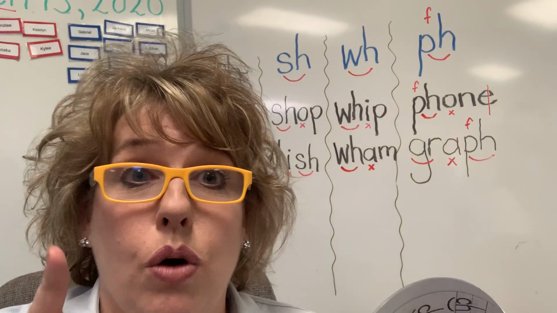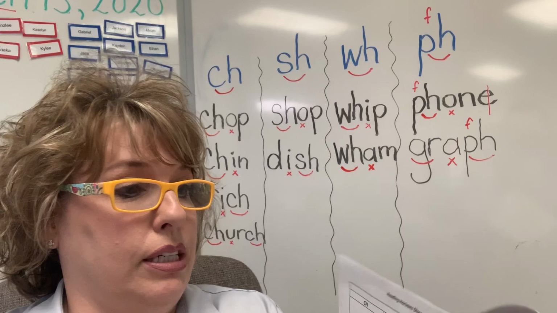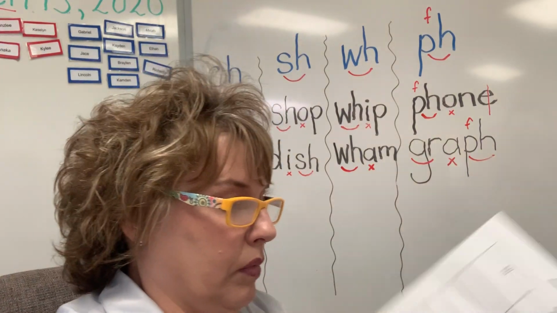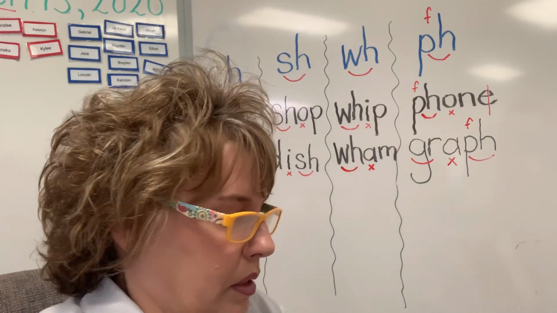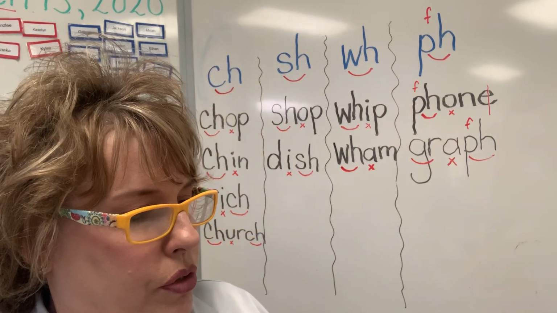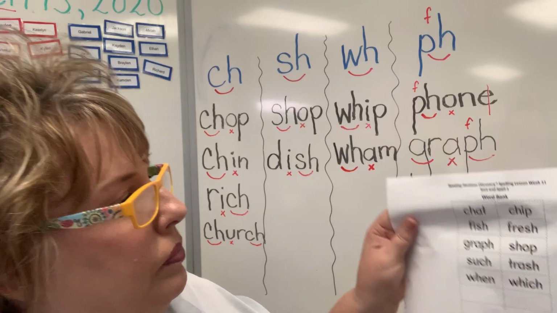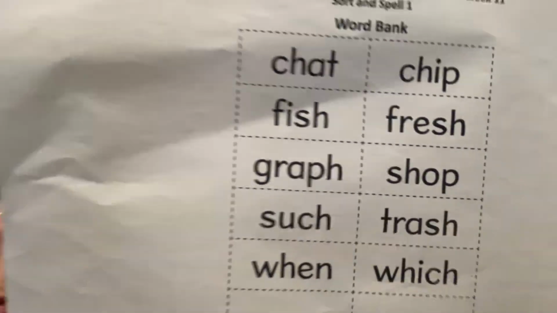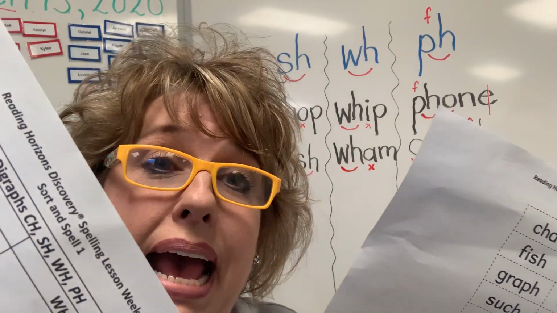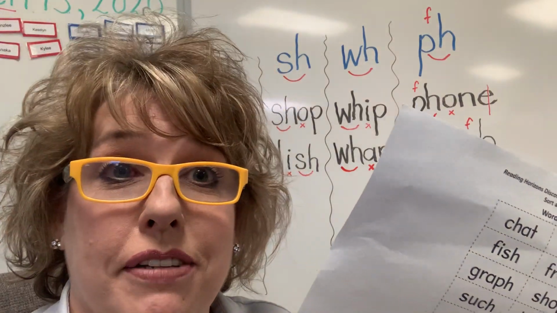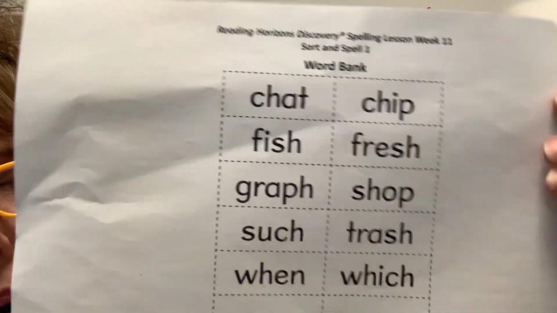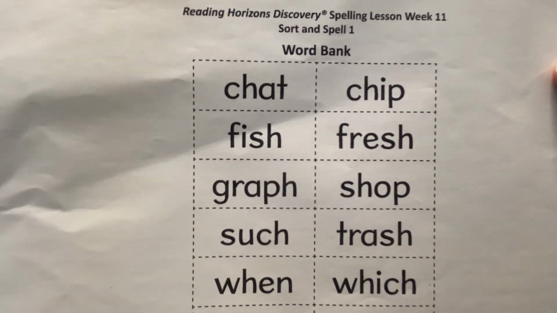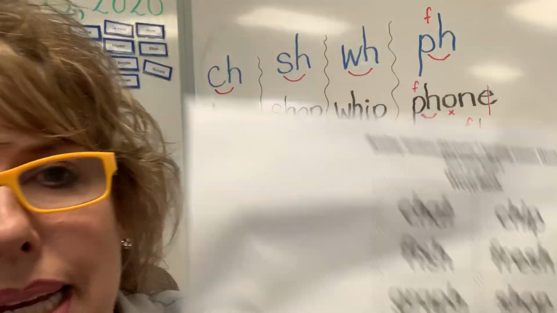Now remember, if you don't have scissors and glue at home, you can still do this game. They want you to take this list of words. I'm going to hold it up here. So parents, if you don't have the packet, you could pause the video right here so you could write down the words real quick, or take a little screenshot of the words.